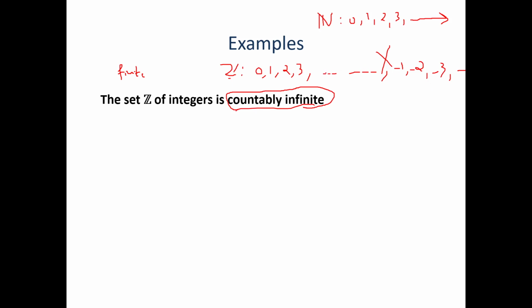Because the positives don't end, right? 4, 1 million, 1 billion, I'm still going with the positives, and I never really reach the listing of the negatives. Well, a way to do this is like this. 0, 1, minus 1, 2, minus 2, 3, minus 3.